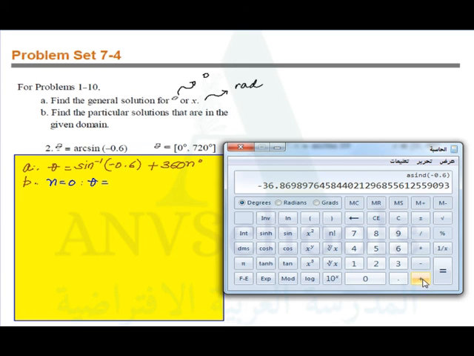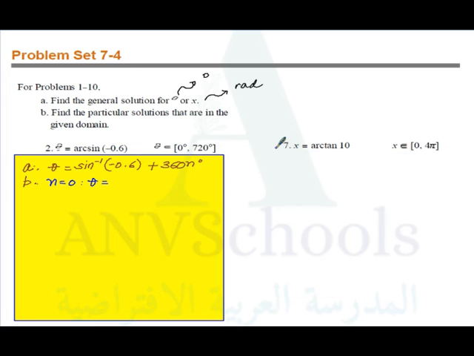So we cannot use this because this is negative 36.8698. We cannot use this. So we have to find when n is equal to 1. So when n is equal to 1, well, is this the general solution? I think there is another one. There's another one. So it's 180 degrees.